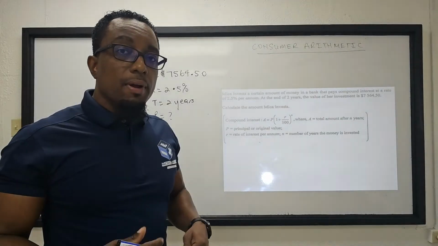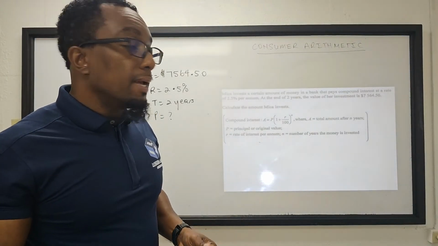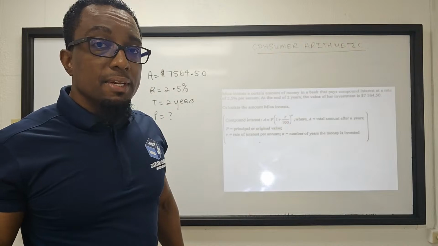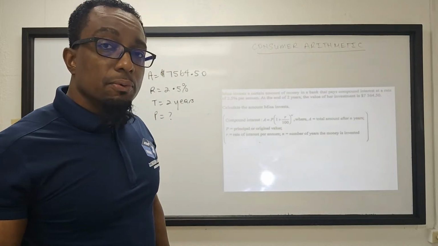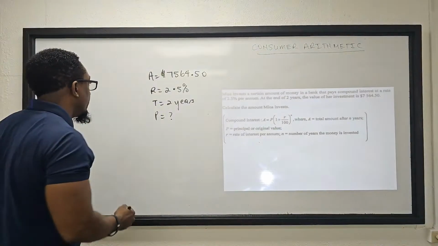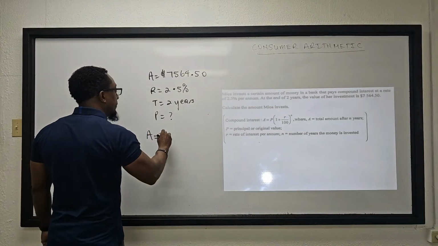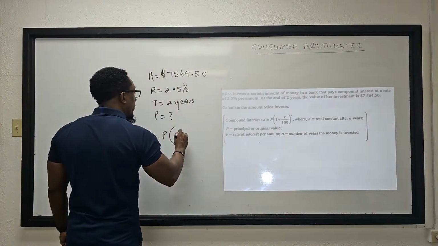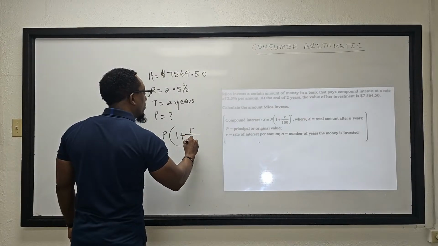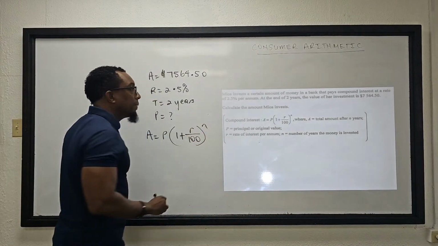So it's a question involving compound interest. We know the formula, and they assisted us. They gave us the formula for compound interest, so very good of them. So we know that A is equal to P, open bracket, 1 plus R all over 100, raised to the power n.